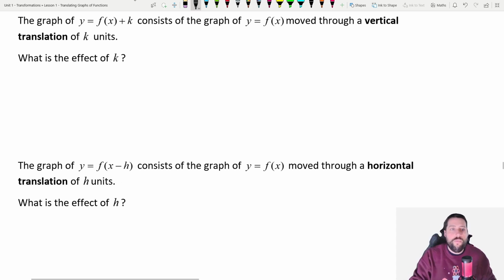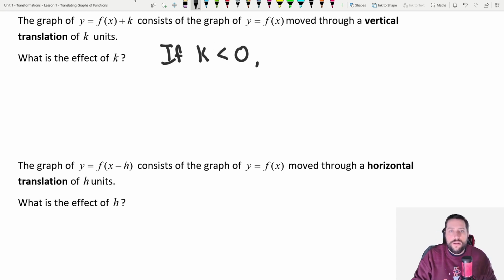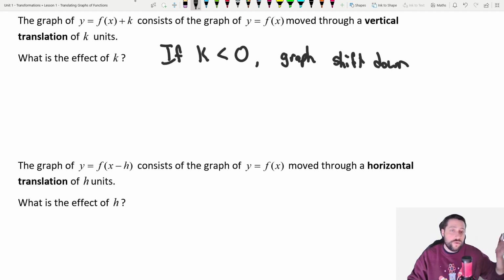We'll say if k is less than 0, then the graph will shift down.